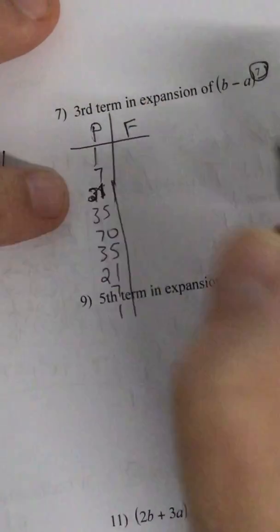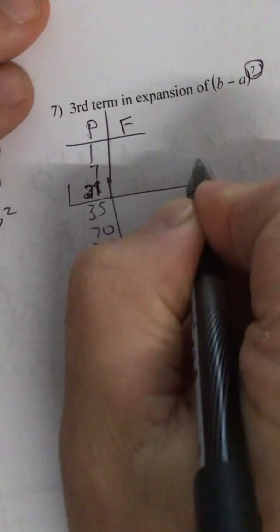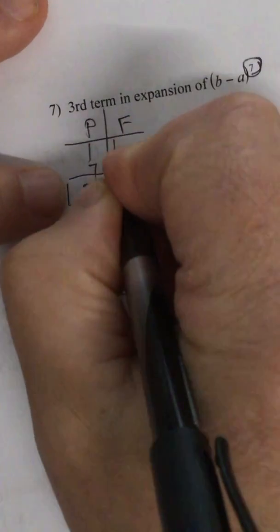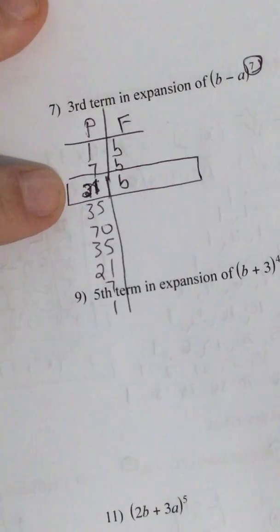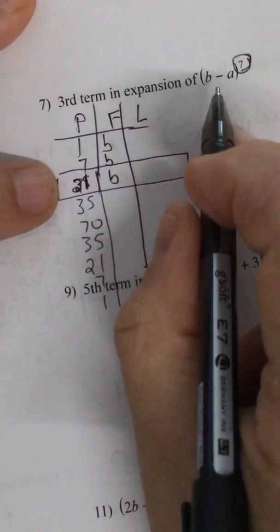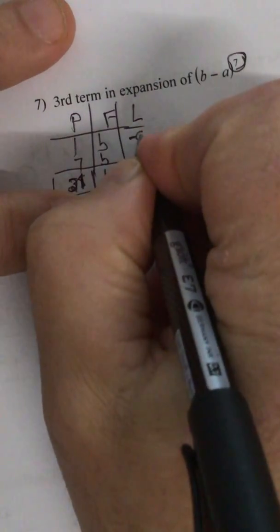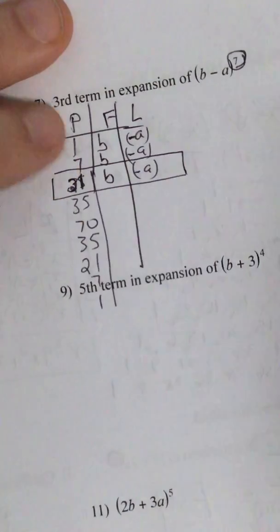The first term is a bunch of b's. Now they want the third one, so I think I'll just skip down to the third one. So b, b, b. The last term here is negative a, so it's negative a, negative a, negative a.